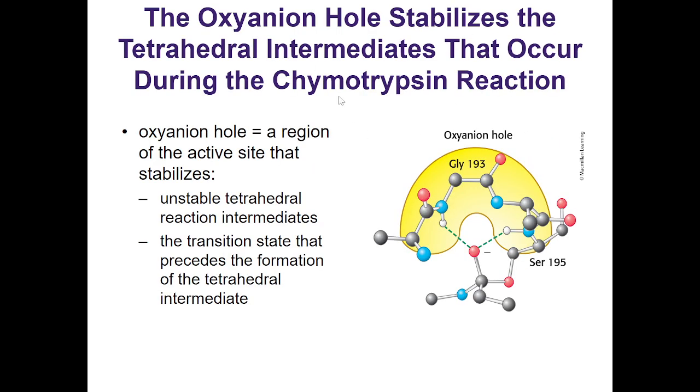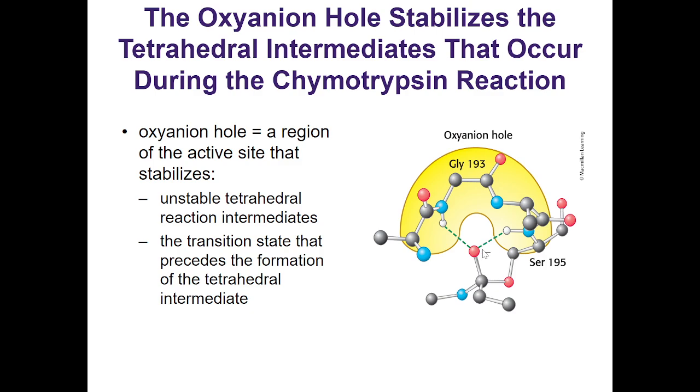Okay, this is actually the oxyanion hole right here. This is what this looks like. So this is a region of the active site that will stabilize your normally unstable tetrahedral reactive intermediates. This will also help the transition state, so that precedes the formation of your tetrahedral intermediate.